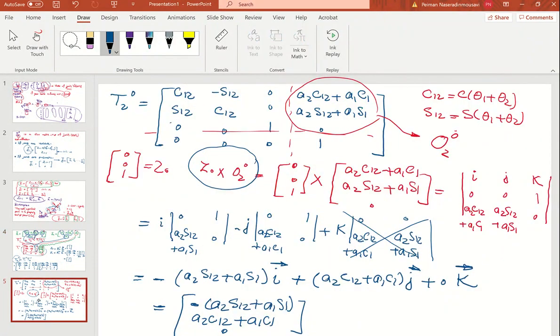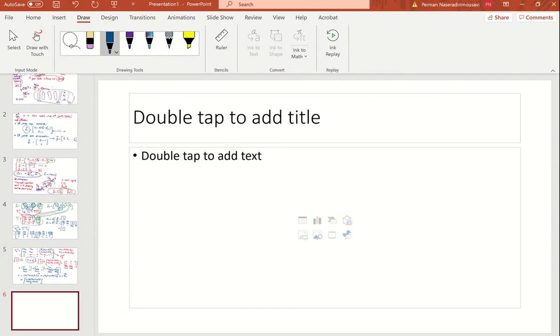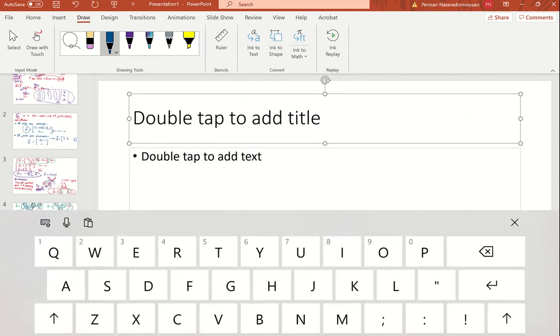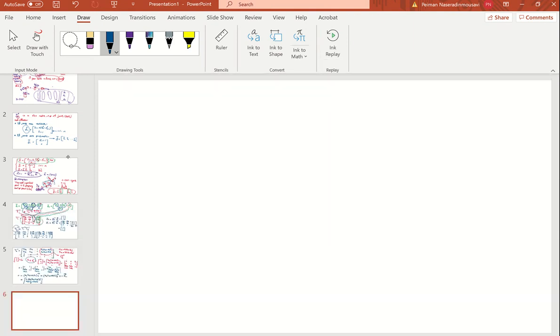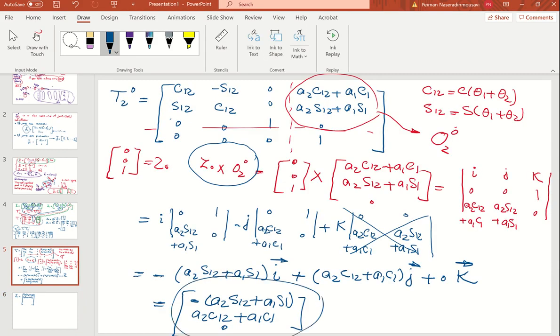So Jacobian 1, J1, becomes, with 6 rows, the first for J1 going to be minus A2 sine 1 2 plus A1 sine 1, A2 cosine 1 2 plus A1 cosine 1. I'm just replacing here from here. Here we go. The first line.